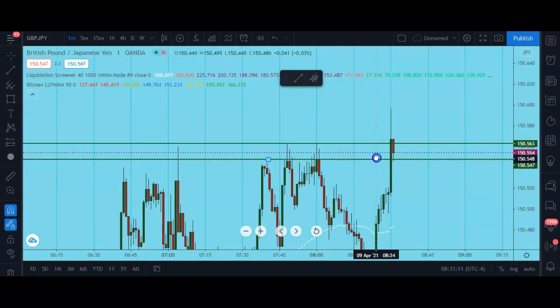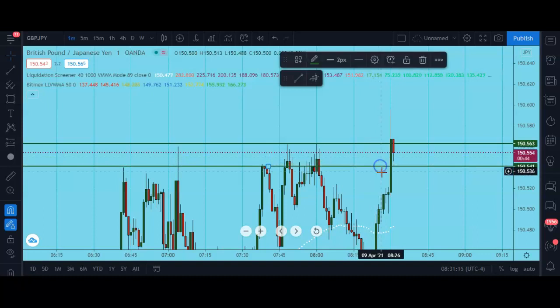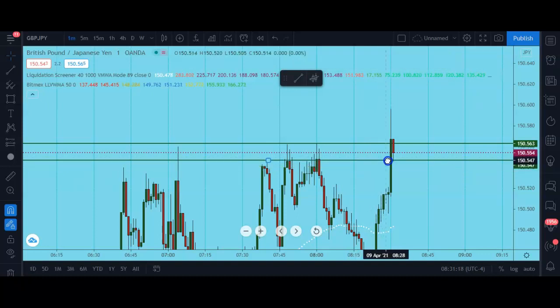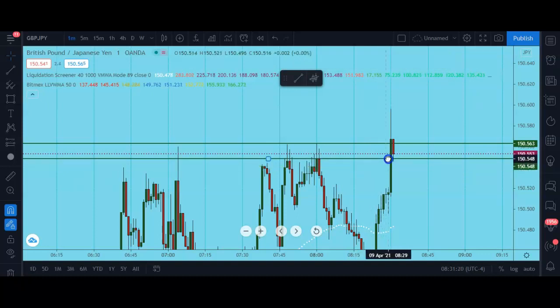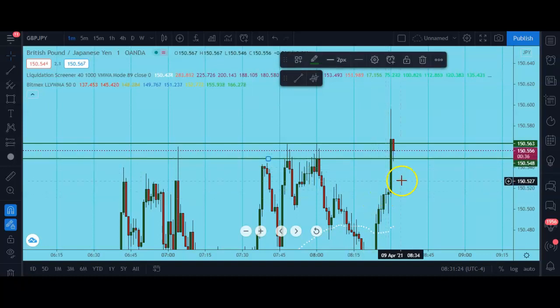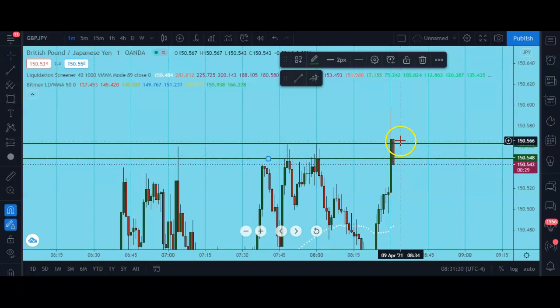This is it. Price closed above that point, but I'm going to state that it's going to remain above here. If it breaks and closes below, then we are potentially heading down.